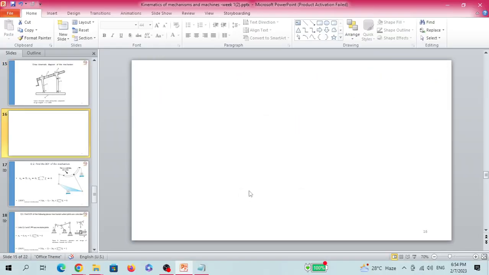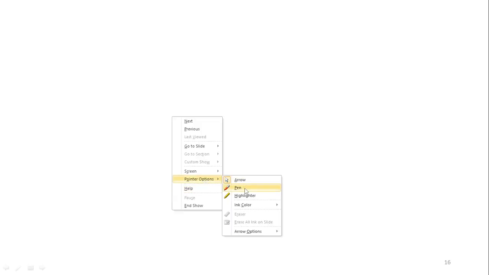Okay, so let me start with these two prismatic pairs. I have two here.